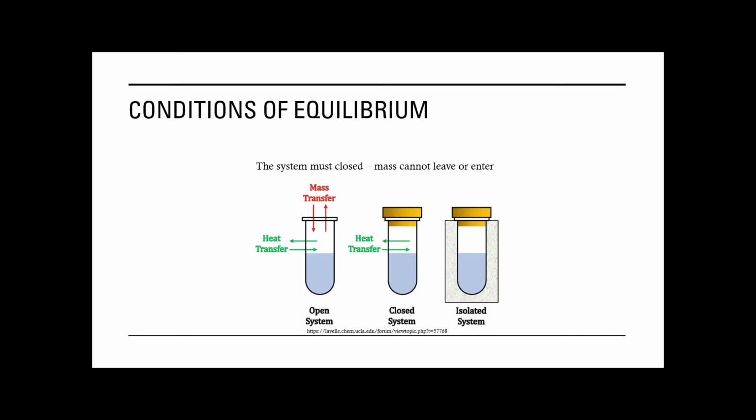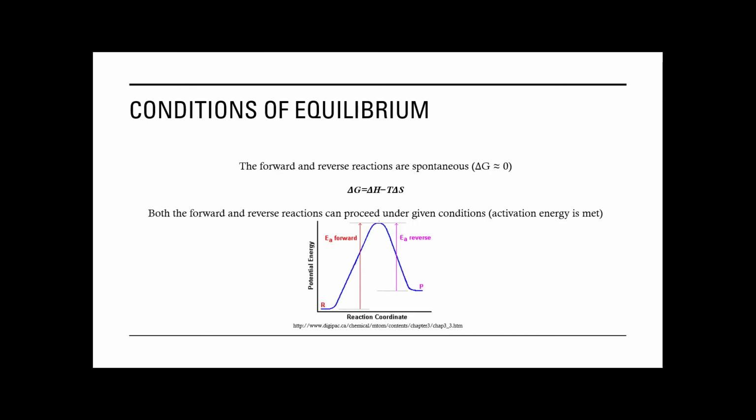So to sort of summarize, as long as you're not losing mass, your system is closed. As long as both the forward and reverse reactions are spontaneous and there is enough energy within the system to ensure that all activation energy needs are met, you're probably going to find that your system is going to end up in some form of dynamic equilibrium once you put all of those reactants together.